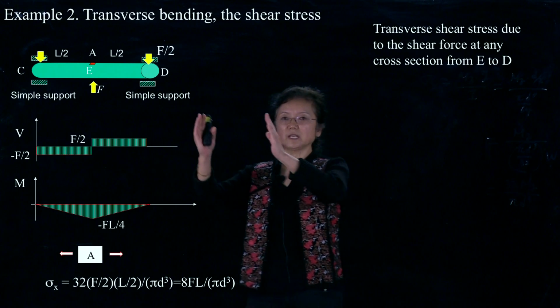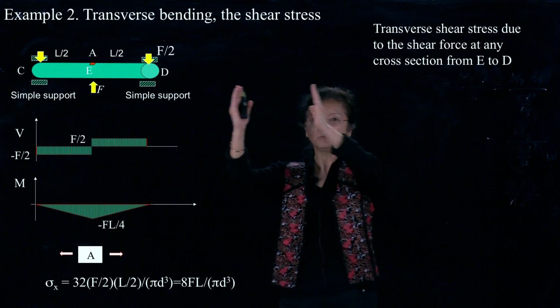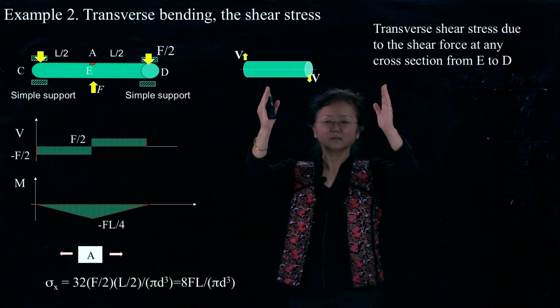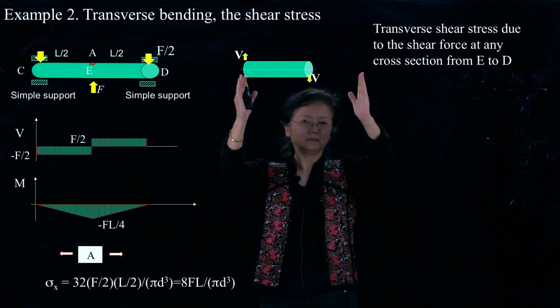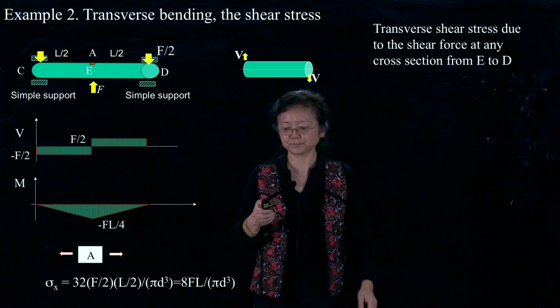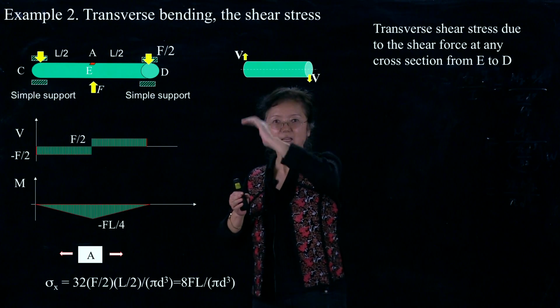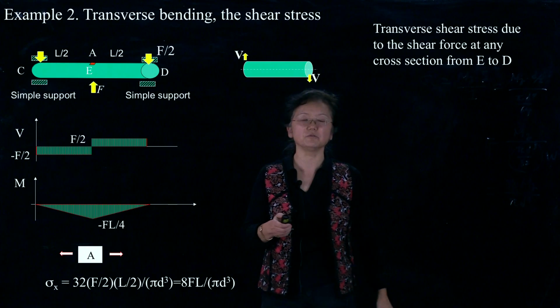Okay, we just take this ED segment as the example. We move this out, okay? All right, we move this out because the shear forces are positive for this based on our sign convention. And in each cross-section, we should see the same shear force.